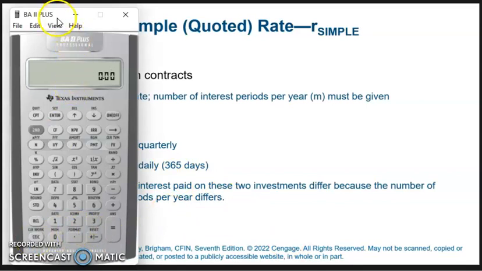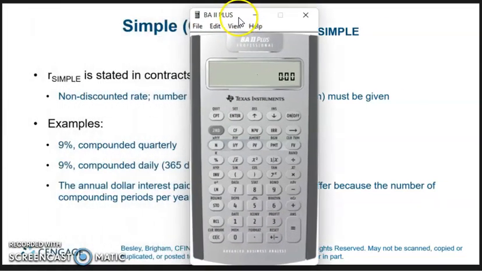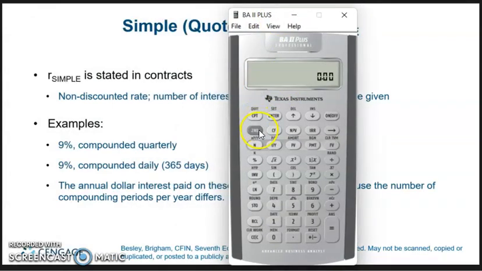We hit second, then ICONV. Then the nominal rate here is the APR. They could have made this function a lot better if they'd just called this APR. But NOM, so 9, enter, and then C/Y is the compounding periods per year. Quarterly is 4, so 4, enter.